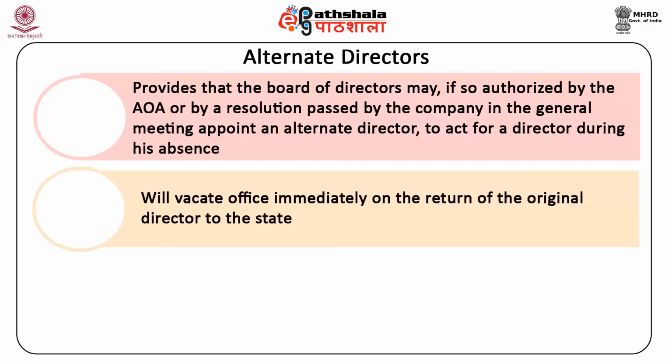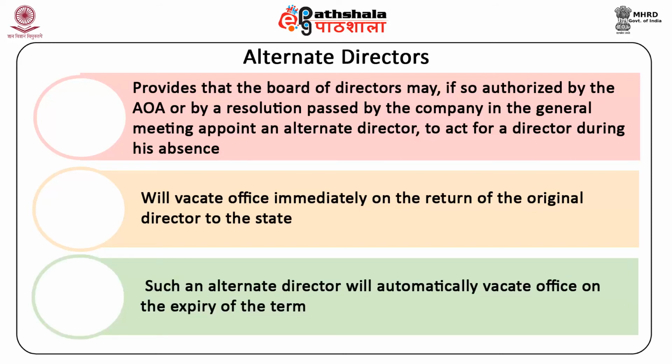Such a director will vacate office immediately on the return of the original director to the state. Such an alternate director will automatically vacate office on the expiry of the term of the original director, even if the latter has not returned.